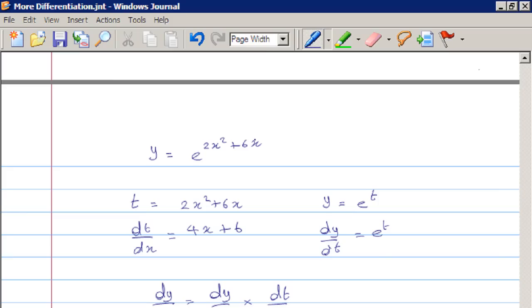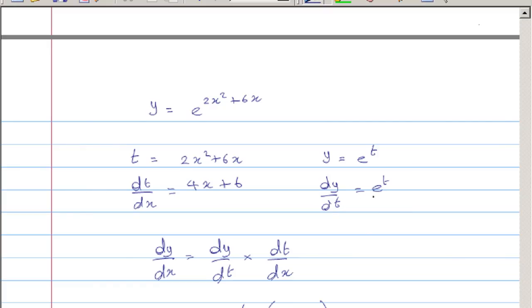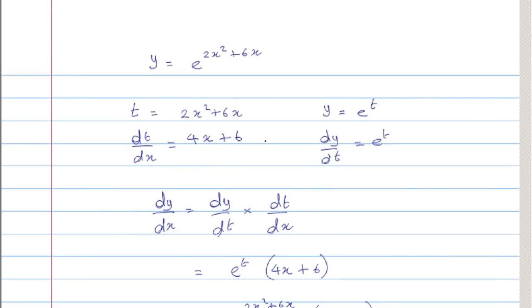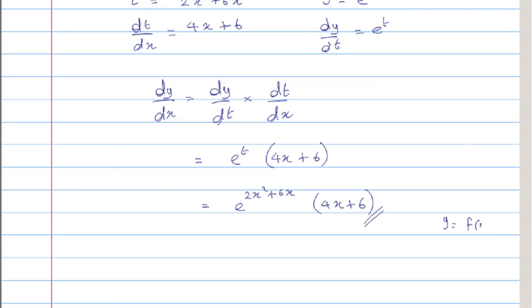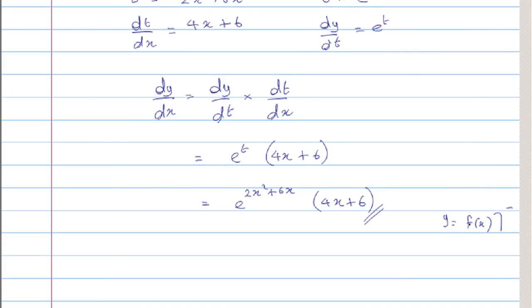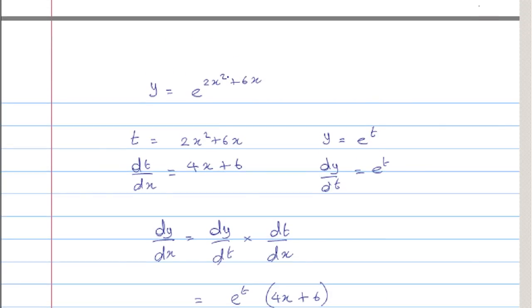Now just from these two examples, you may have seen a little pattern. In the previous chain rule videos, I showed some shortcuts to deal with functions like y equals some function raised to the power of a constant. So in this case, let's see what we can derive for e raised to some function.